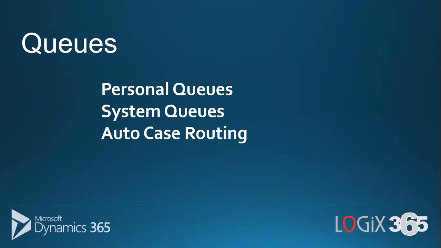Within a queue, you can assign members to that queue. For example, you can have one person who owns the queue, and that person is the only person that has access to the data in that queue. That person can then take the cases in that queue and manually assign those cases to either users or different queues.